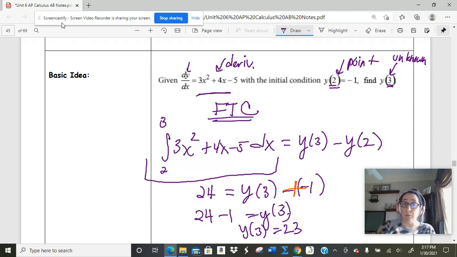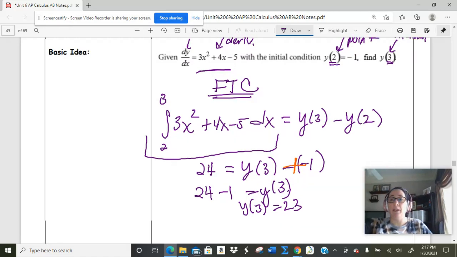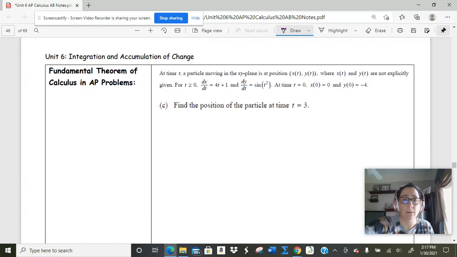And that's basically what we're going to be doing this whole day for notes, okay? Really solidifying it. This is a concept that is huge, and we want to have it down when we're given a derivative, given a point, and we want to know the output of another value, okay?